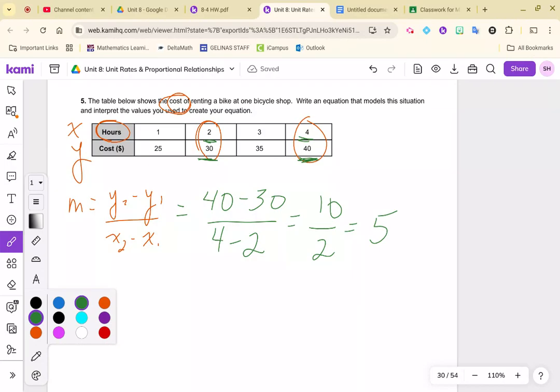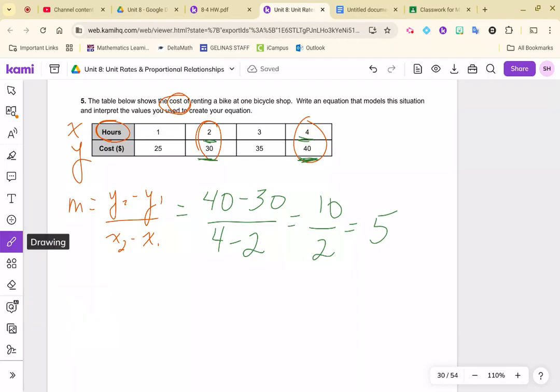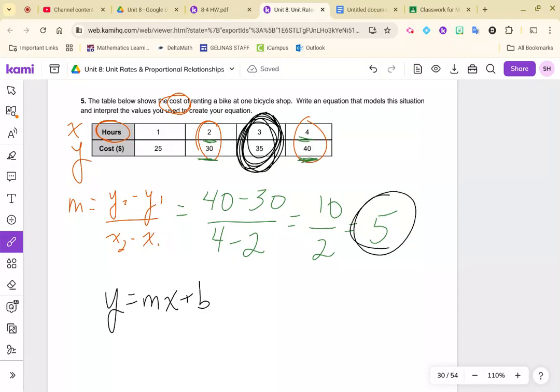I will then go ahead and take any of these points. I'll just pick this one at random, and I'll use that point in the equation y equals mx plus b to figure out the b value. So I'm taking this point from the table, and I'm taking my m value that I just found, and I'm putting them into this.